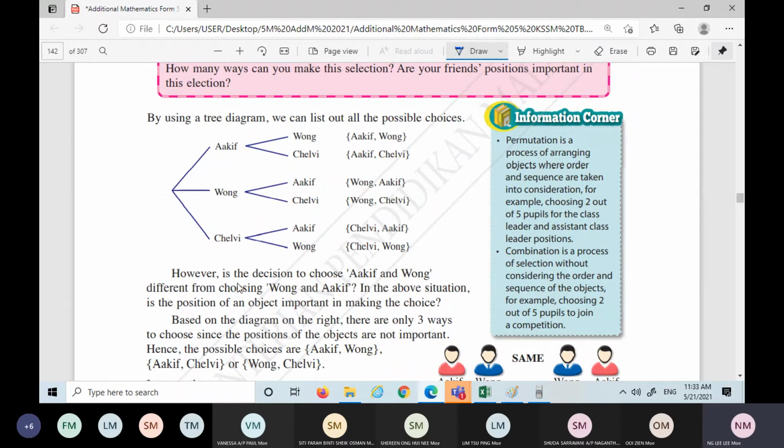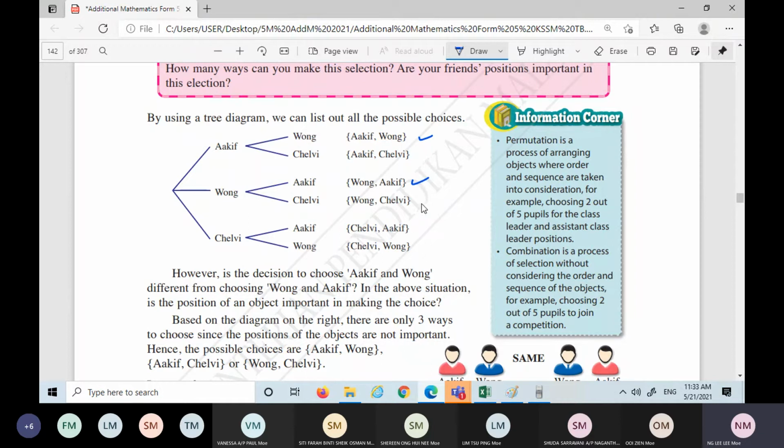However, is the decision to choose Akif and Wong different from choosing Wong and Akif? Are these 2 the same or not? You just jump into the kayak, so the arrangement is not important. So Wong and Akif or Akif and Wong are the same selection.